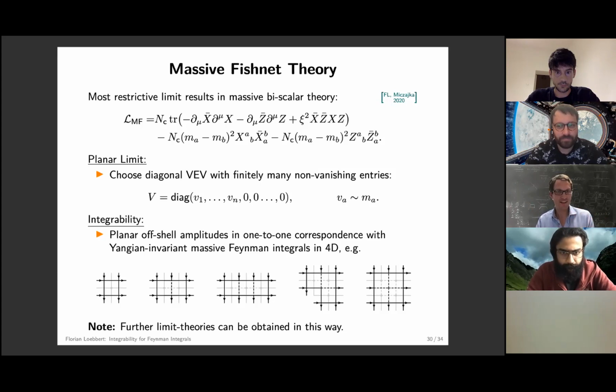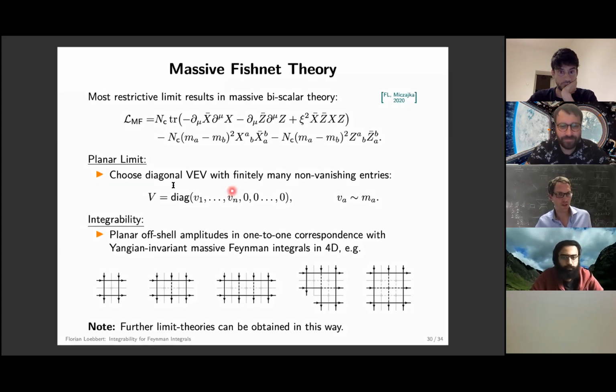So to find the same analogy or correspondence between scattering amplitudes and individual Feynman graphs, we take a particular planar limit or particular VEV configuration on this Coulomb branch, where we choose a finite number of these diagonal VEV entries to be non-vanishing, and for N_c to infinity, an infinite number to be vanishing.